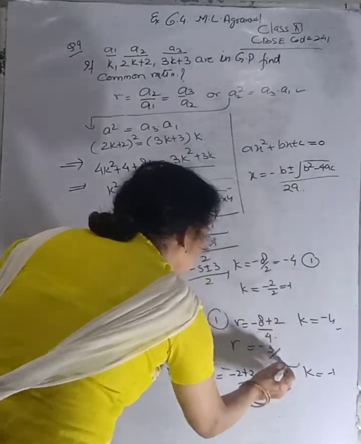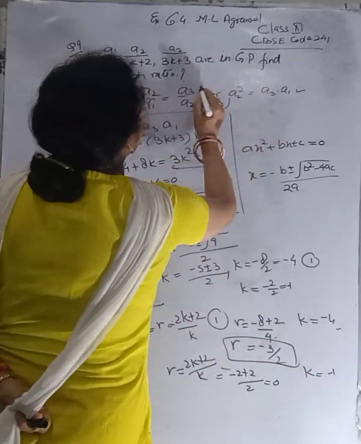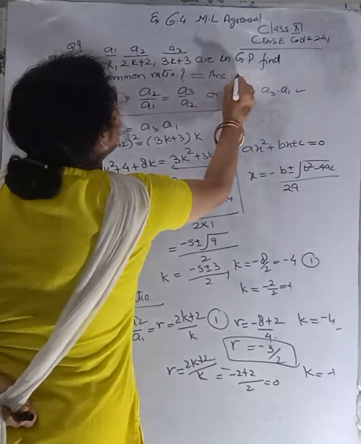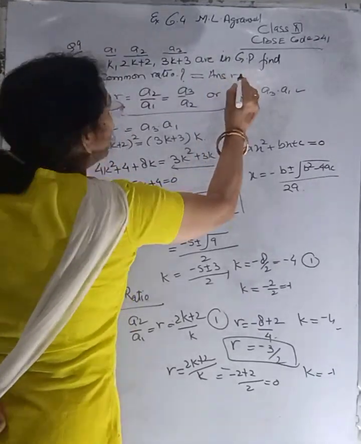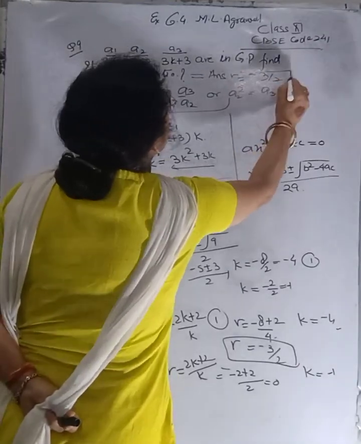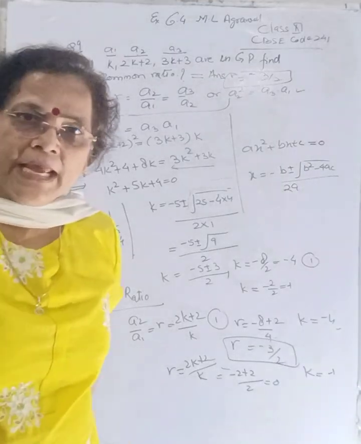The ratio is not valid in that case, so our answer will be R is equal to -3 by 2. This is the answer.